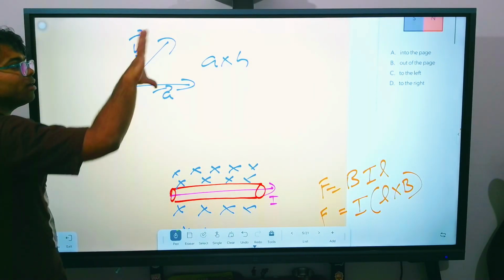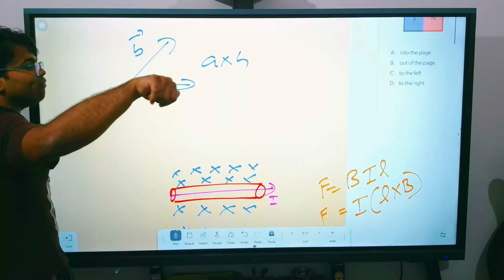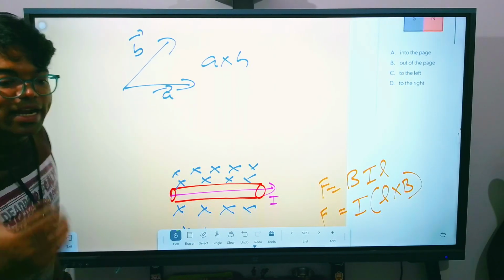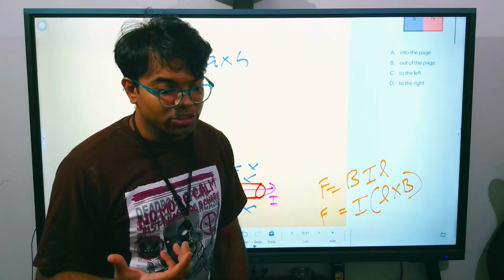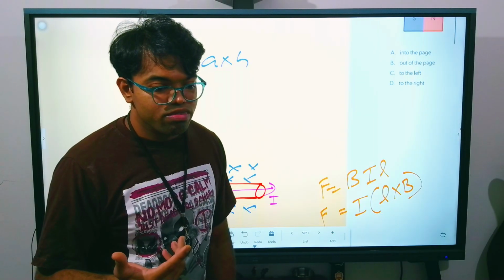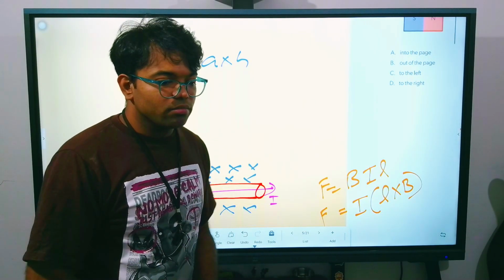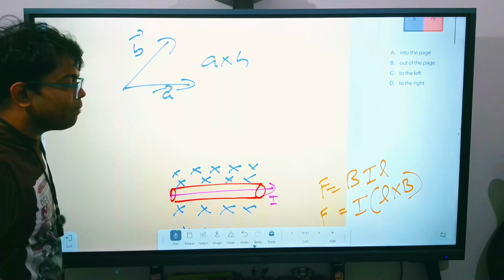B cross A will be in the inward direction. That is known as vector multiplication. They must have taught you in class, no? You must have learned it in maths also.